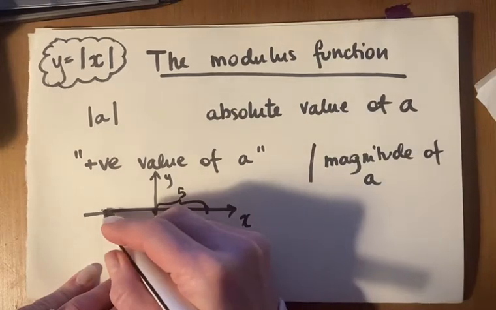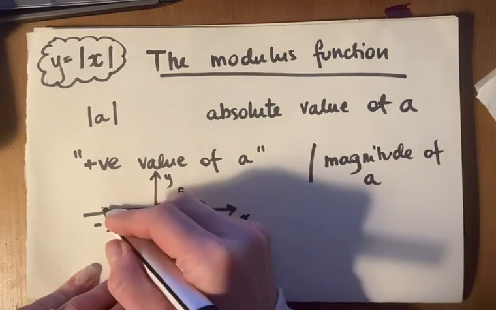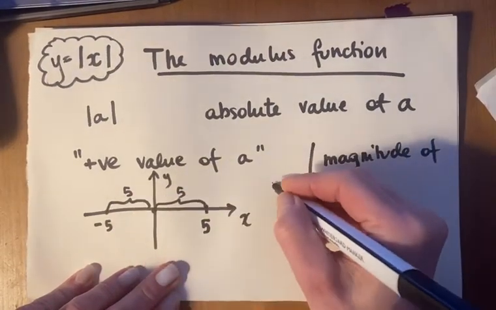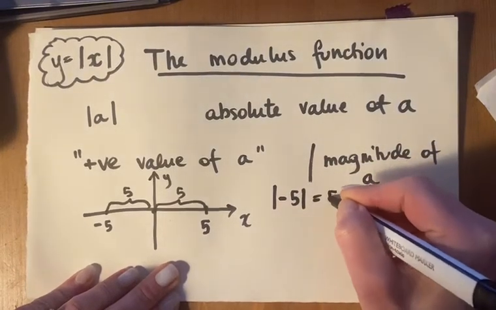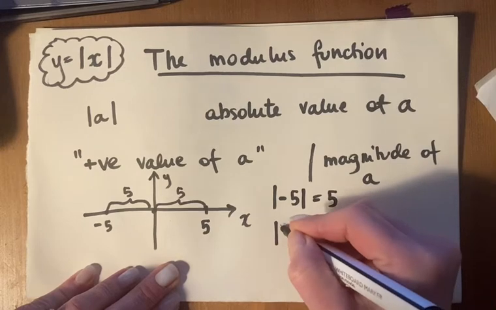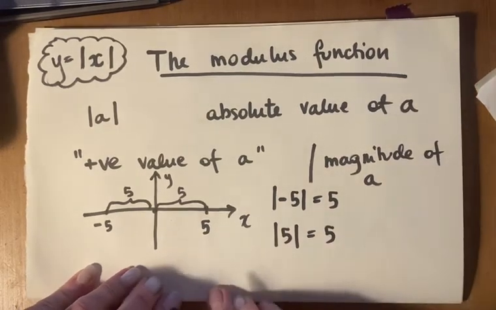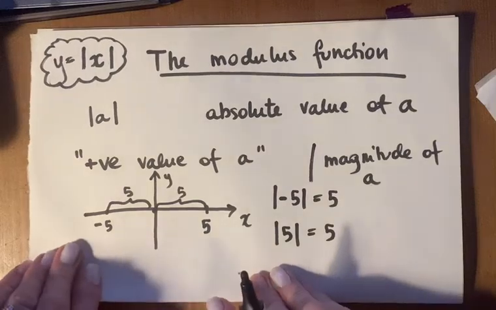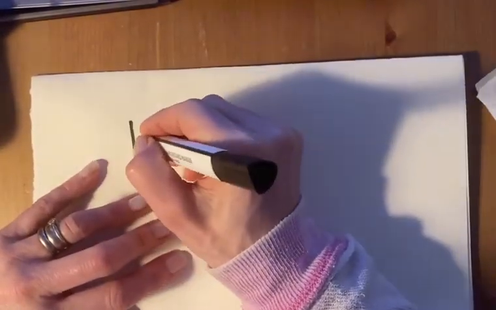Now if you think about x equals minus 5, how far this is away from the origin, it's also 5. So modulus of minus 5 is equal to 5, but so is modulus of 5.